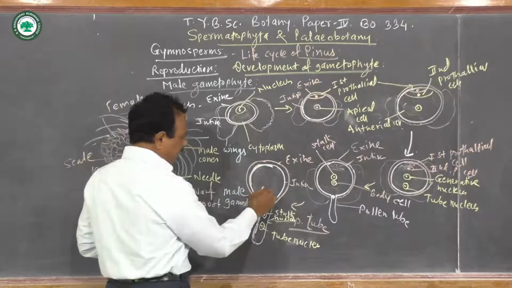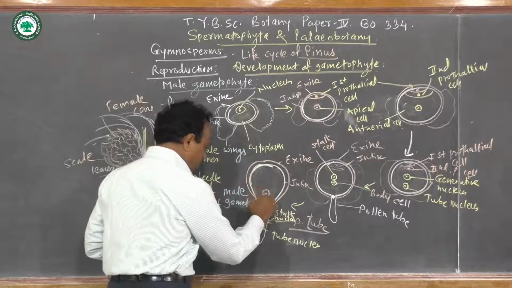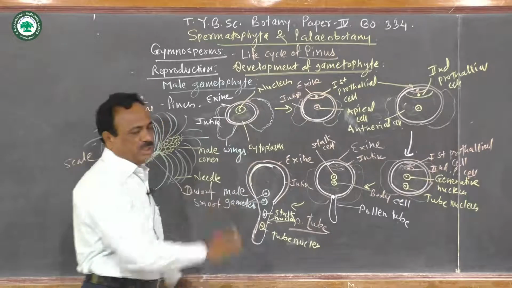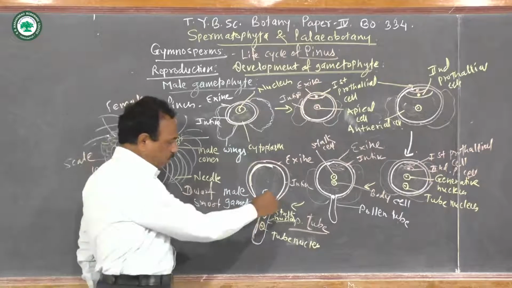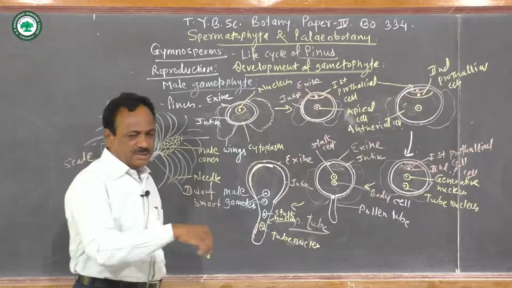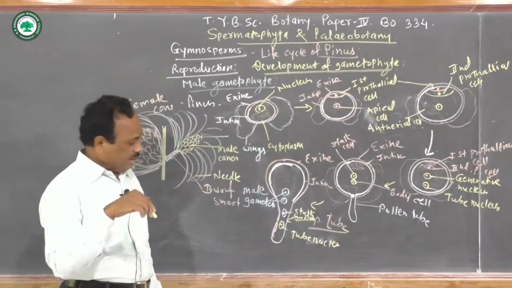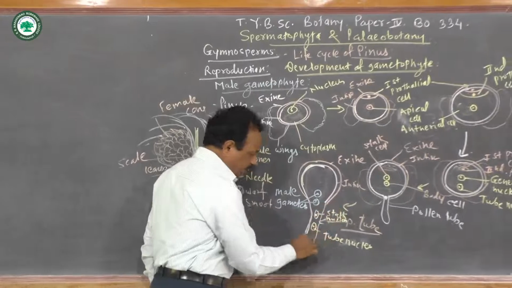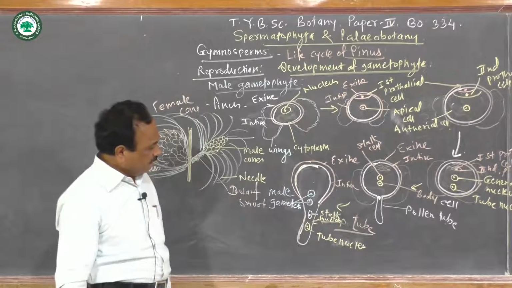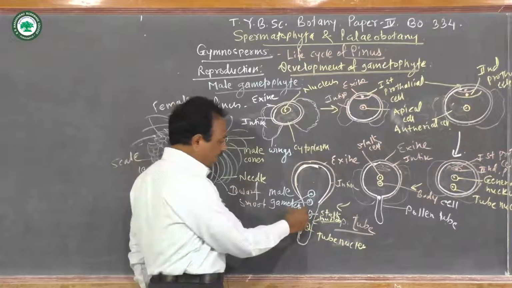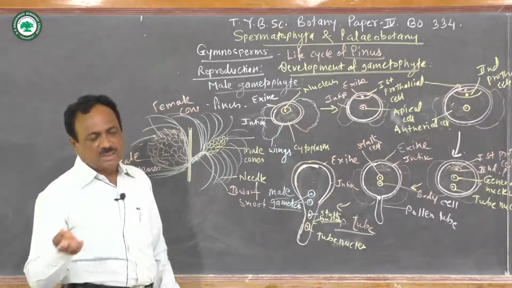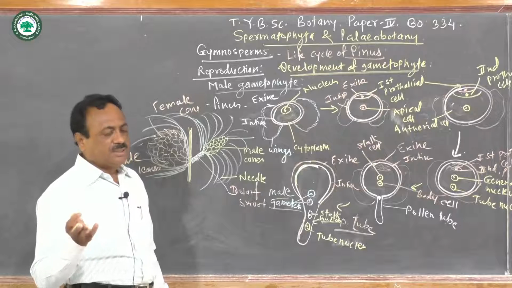This pollen tube is formed in the pollen chamber. Later on the pollen tube penetrates deep into the tissue of the ovule, that is the nucellus, and then these two male gametes come in contact with the egg.